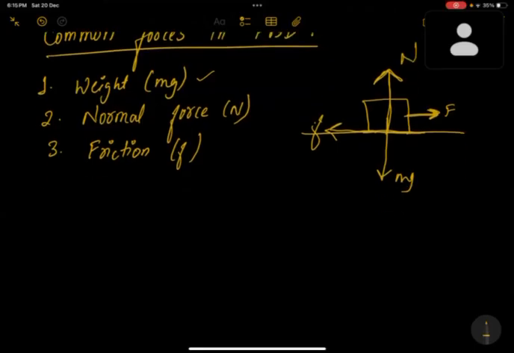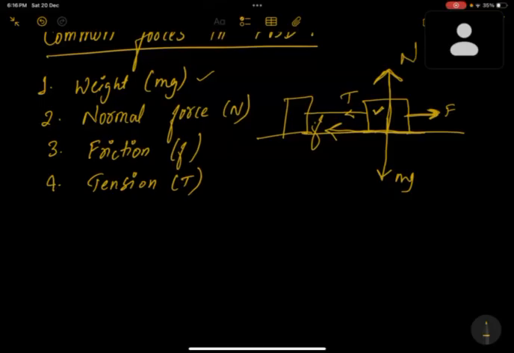Now the fourth one is tension, T. It will act along the string. Let's say there is another object and both are attached to a string. There will be tension in the string, and this string will pull this object in this direction with T tension, and this object in this direction with T tension.